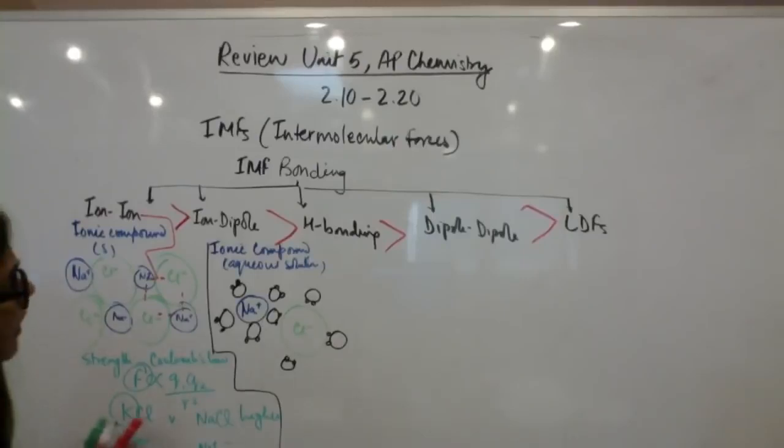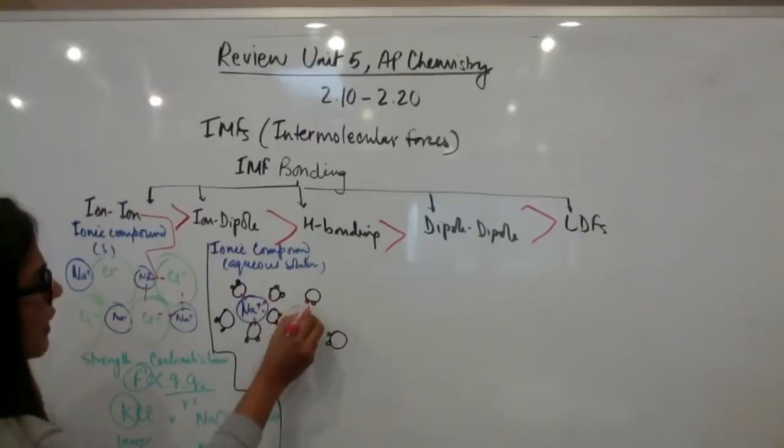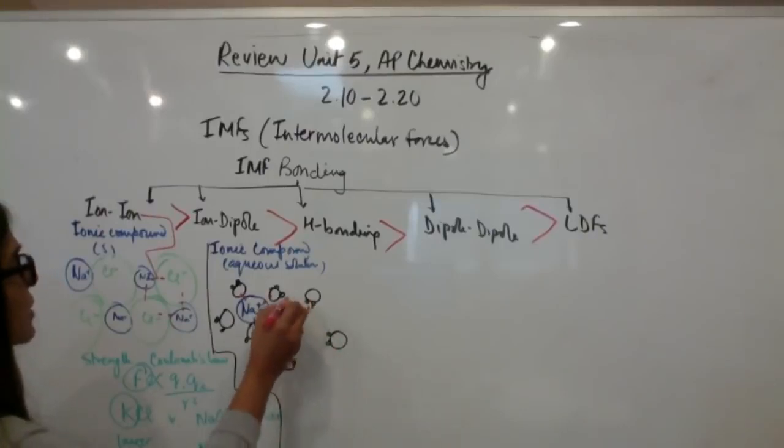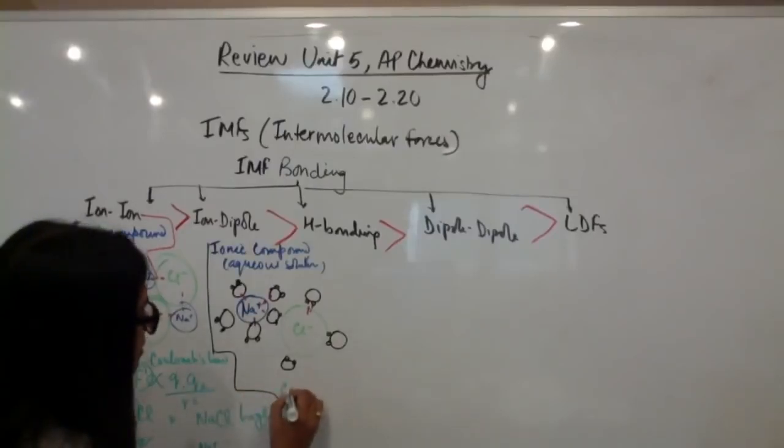And all of this interaction is called ion-dipole. And ion-dipole interaction strength is again determined by Coulomb's law.